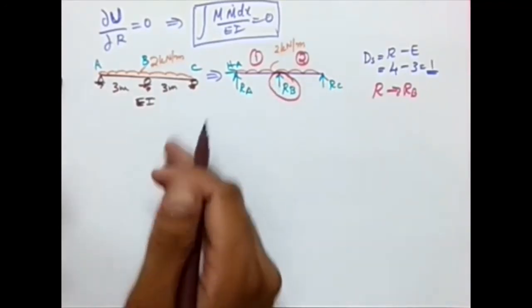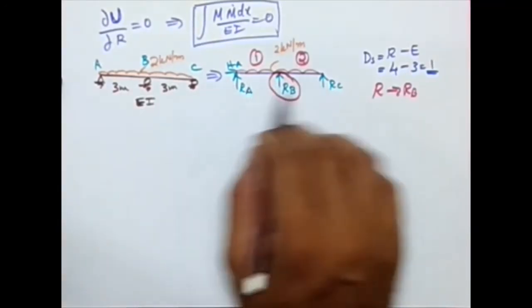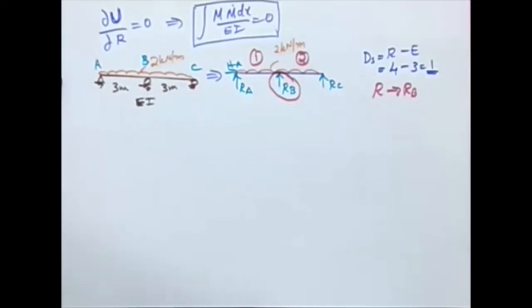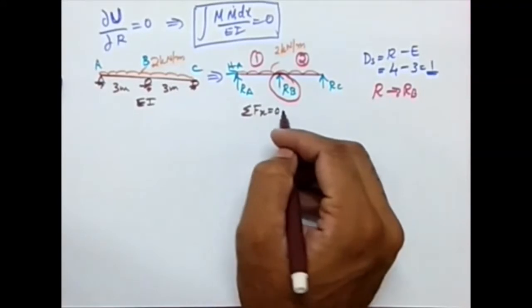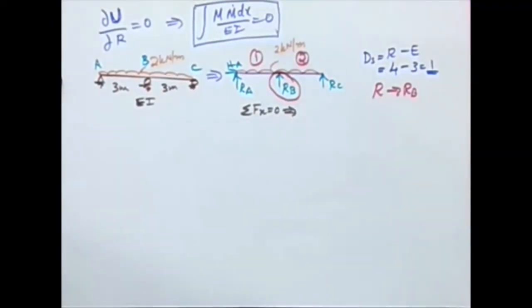Before writing that, I have this beam, right? We know that if a beam is in static equilibrium, it has to satisfy all the equations of equilibrium. What if I write sigma Fx equal to 0 for this beam? Whether it is determinate or indeterminate, it should satisfy the equations of equilibrium.